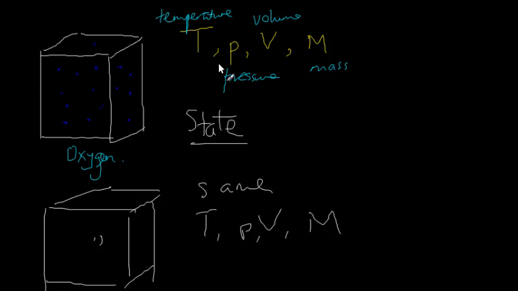So if I make another box of oxygen and make sure that I measure the same four numbers for that other box, then I can be sure that my new box of oxygen would be no different from my older box. So it specifies the whole thing.